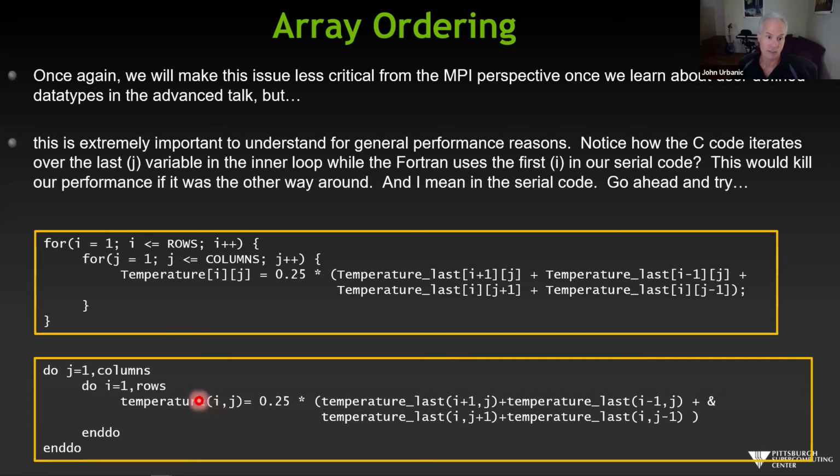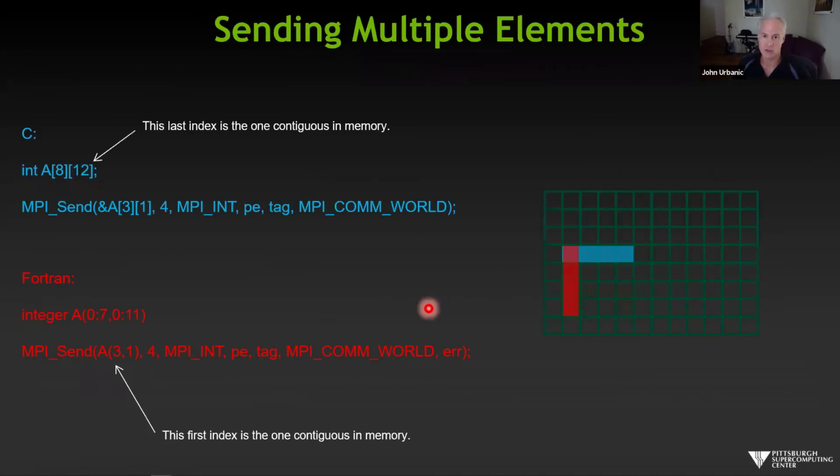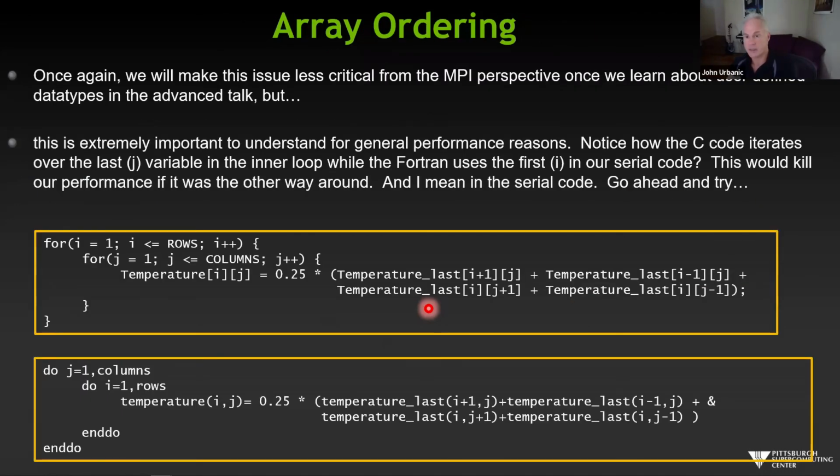So in Fortran you work from the leftmost index, in C you work from the rightmost index, and it's very important you do that in just regular serial code. Otherwise, you get terrible performance because things are skipping all over memory. So I don't feel bad about introducing this notion of paying attention to what's contiguous in memory. It's very important just to get good performance out of any code in any language you're working in.